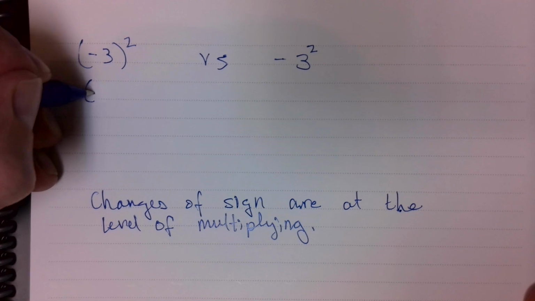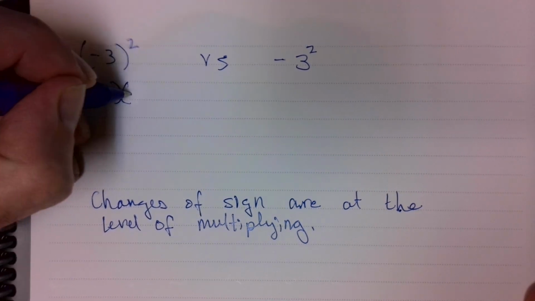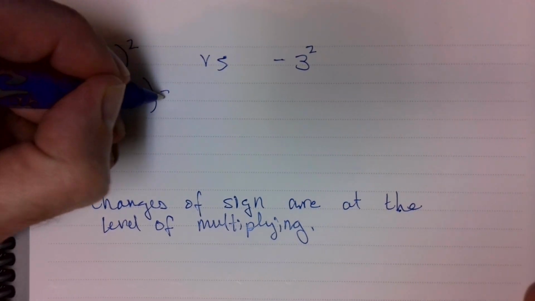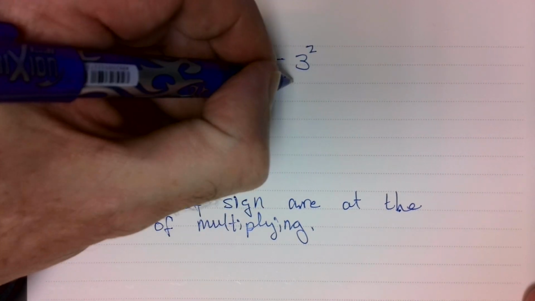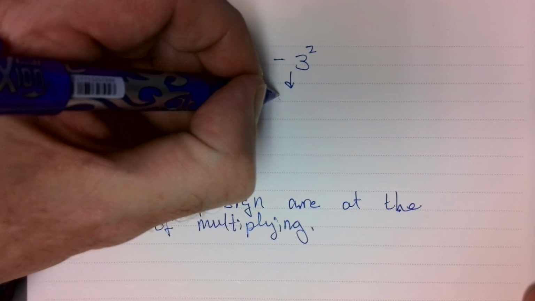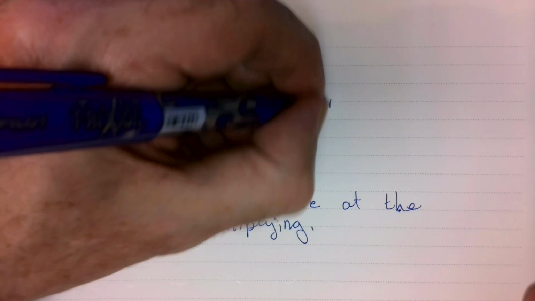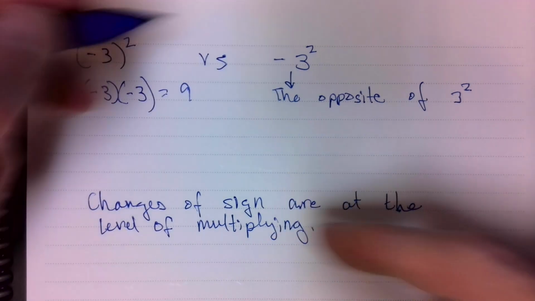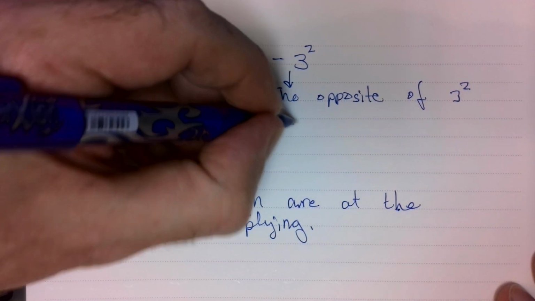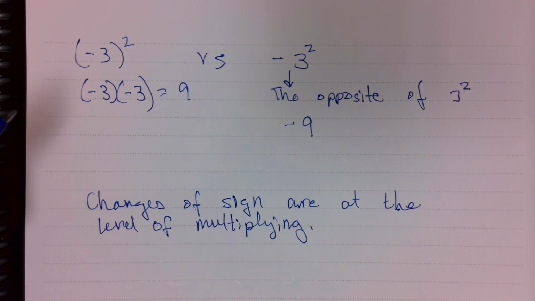Okay, so this on the left means negative 3 times itself, negative 3 times negative 3, which is 9. This means the opposite of 3 squared. We're supposed to do 3 squared first, then do the opposite. So over here we would get negative 9. Okay?